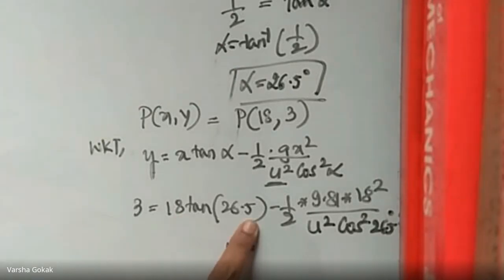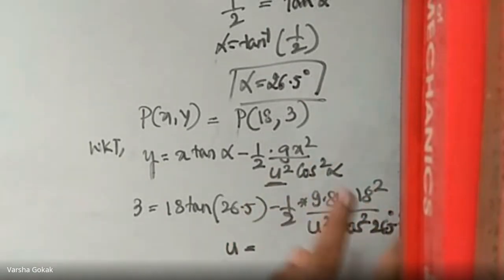What you can do is solve for everything apart from 1 by u square. Then you will have an equation with one number and 1 by u square. Then get the value of u.